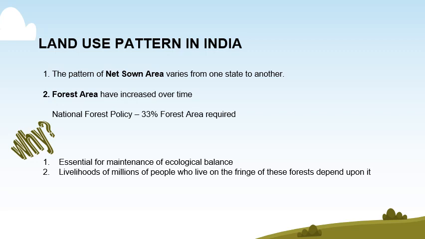Why does it have to be at least 33%? Number one, to maintain the ecological balance. And number two, because the livelihood of millions of people who live here depends on it. Clear?